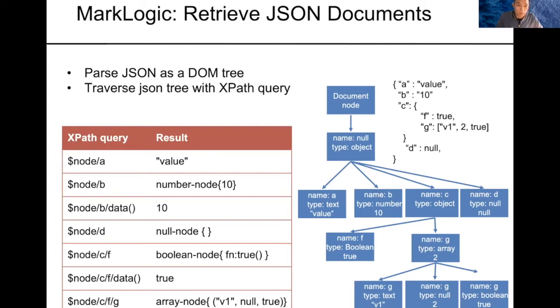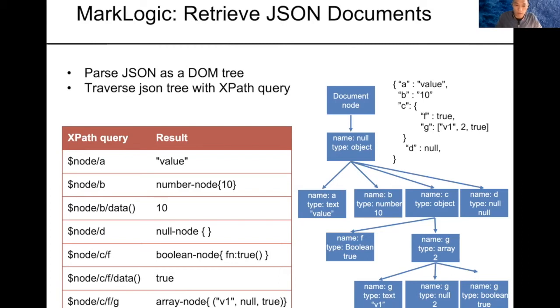In this table we have several examples of navigating the DOM tree. In the first line, we navigate from the root node to node A. So we will get a text node, and its value is value.